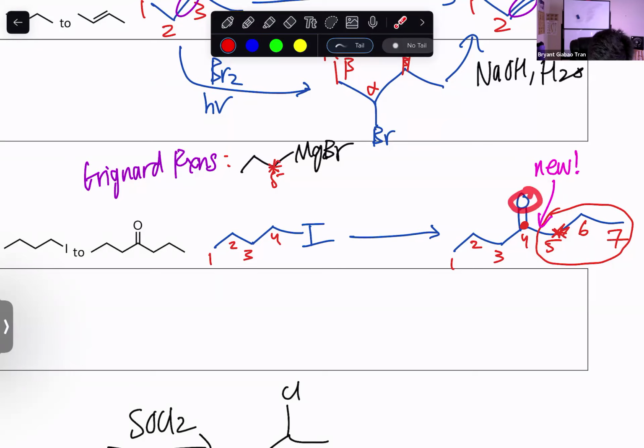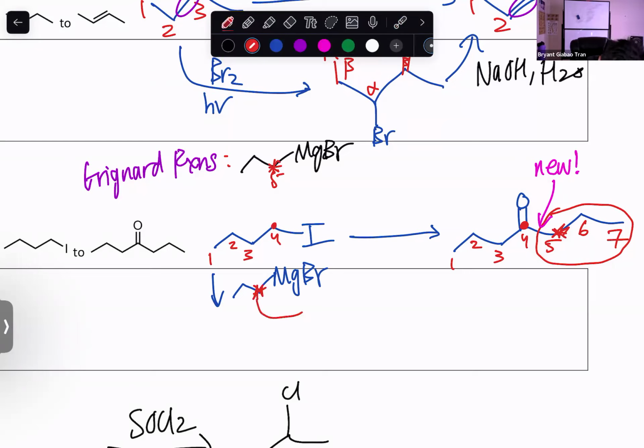Now we see that there's an oxygen attached to that carbon 4 as well, right? Do you want to do a Grignard reaction right away? Like let's say we put a Grignard reaction right here right away, or do you want to convert this to something else first? Right? Because what would the product look like if we did this reaction right away? This is going to be the nucleophile. This is going to be the electrophile. The nucleophile would attack the electrophile, kick out the leaving group, right?